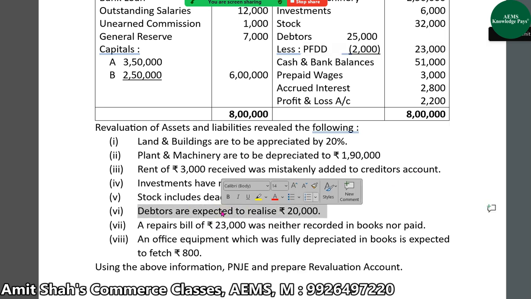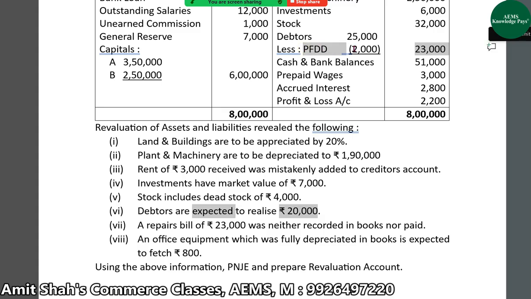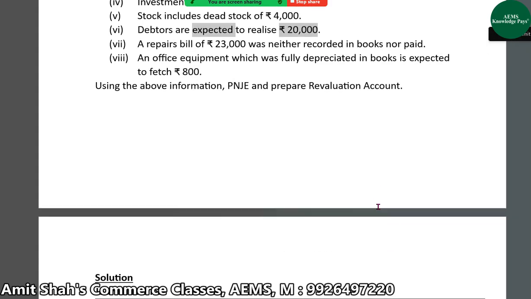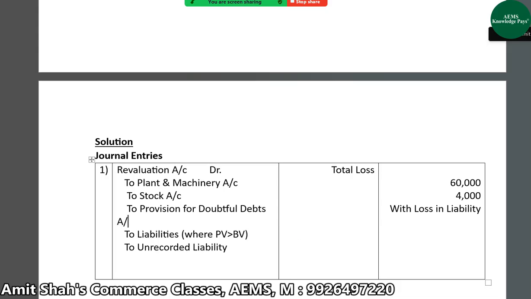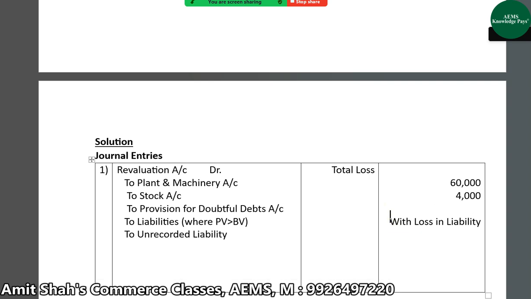We are not very sure, and that is why this 3,000, the difference of 23 and 20, we will credit to provision for doubtful debts, and that is also a loss. So here we will also credit provision for doubtful debts account with 3,000.